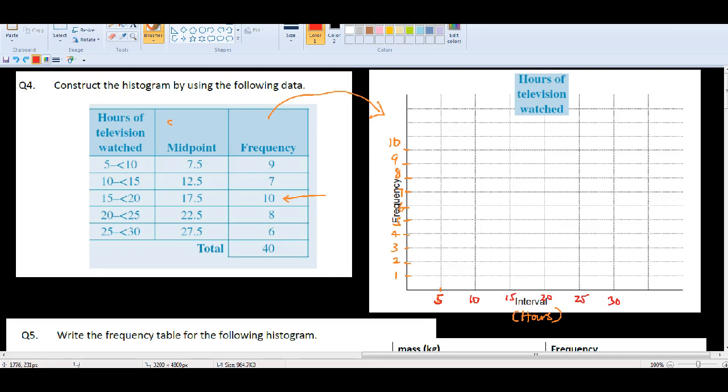For 5 to 10, the frequency is 9, so I need to draw a bar. The next one will be 7.